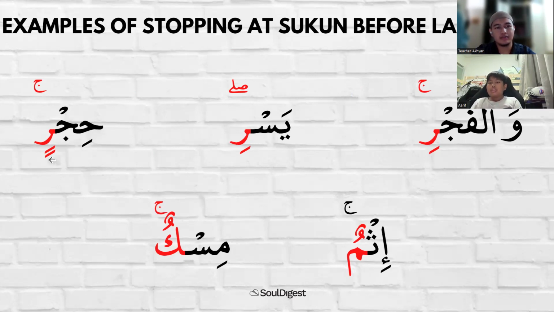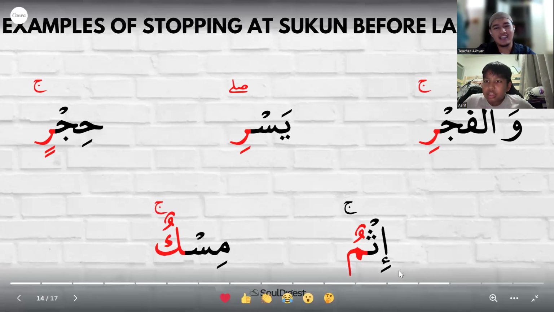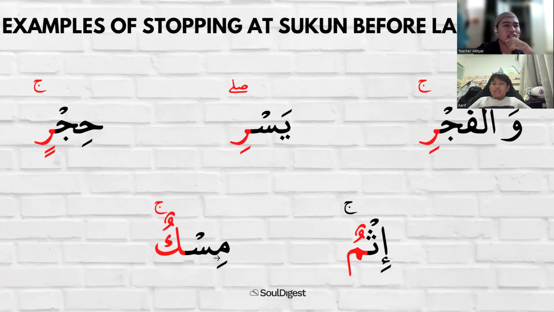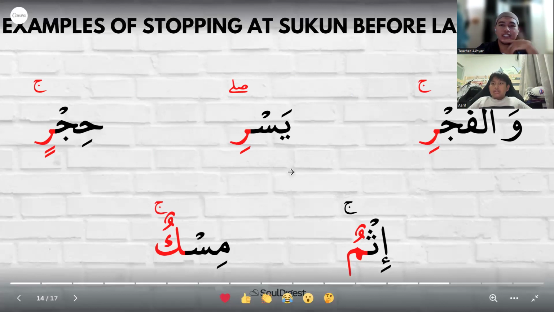Yes. Okay, this one. هجر, Hijr. Okay. This one. اسم, Ism. That's correct. And the last one? مسك. Okay, perfect.